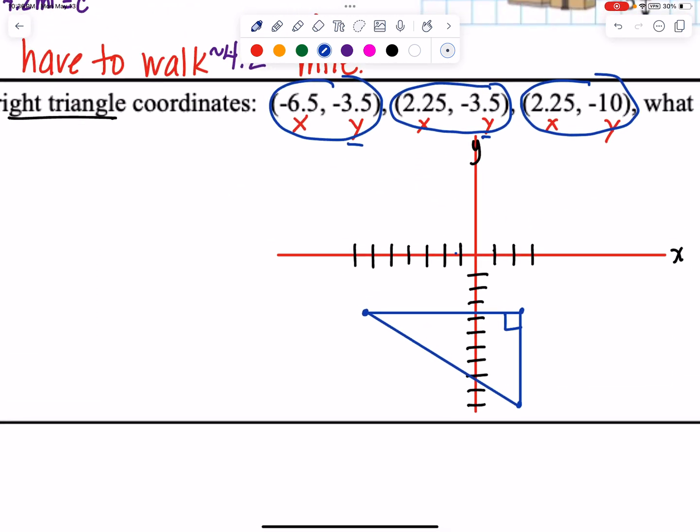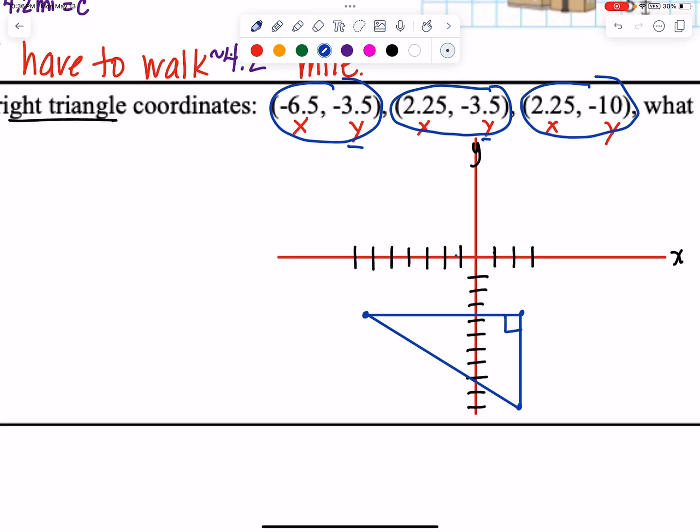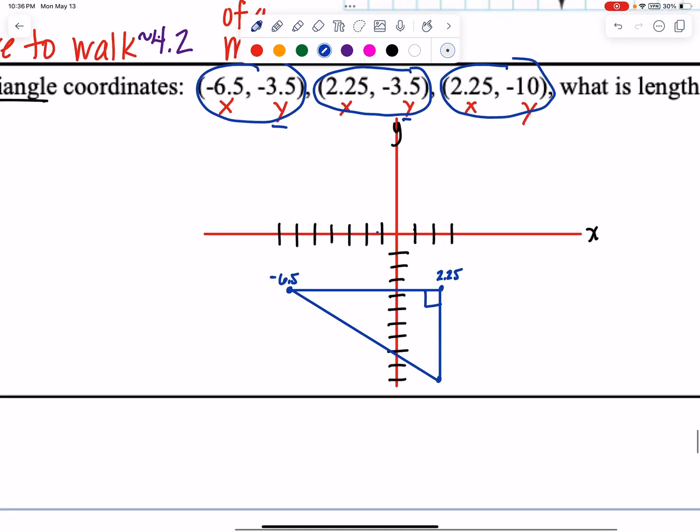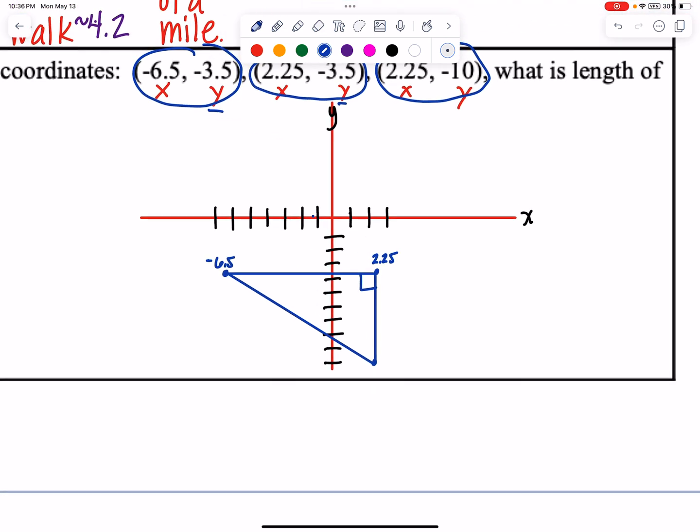I have a couple ways of doing this. If I'm just looking at the x-axis, this ordered pair is 2.25 on the x. And where's my other one on the x? It goes all the way to negative 6.5. To find that distance, instead of swooping or things like that, I just want to do some subtraction. I'm going to do 2.25 and subtract the negative 6.5.